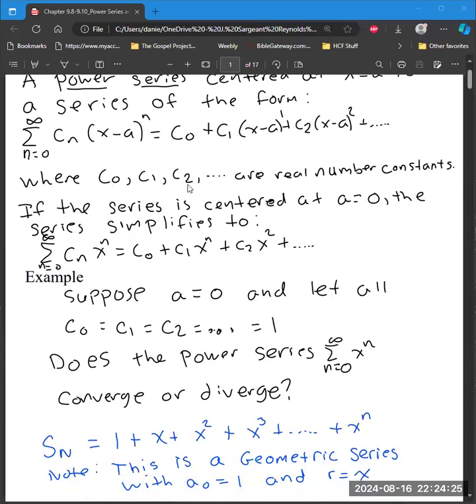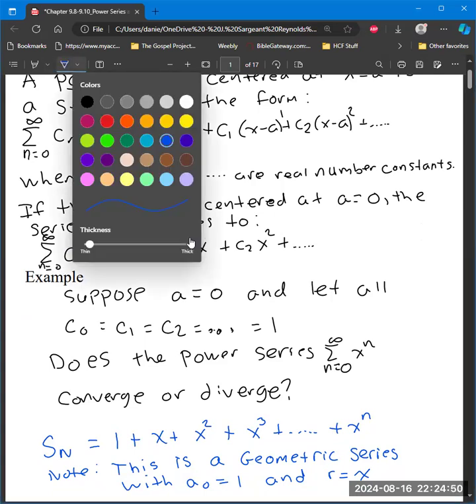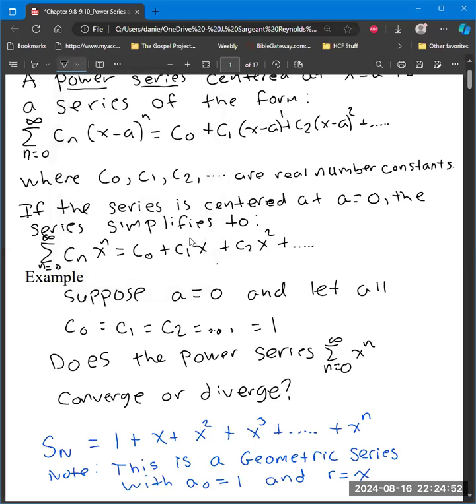So where c0, c1, and c2 are real number constants, if the series is centered at a equals 0, the series is simplified to the summation from n equals 0 to infinity of c_n x^n equals c0 plus c1 x^1, it should be an x^1, plus c2 x^2 plus c3 x^3, so on and so forth.